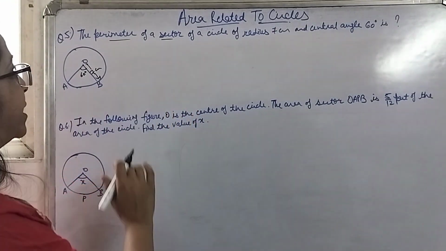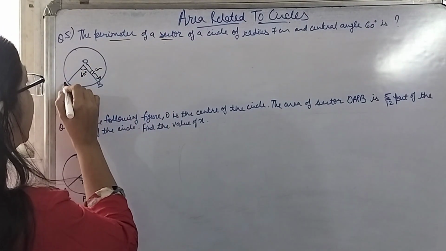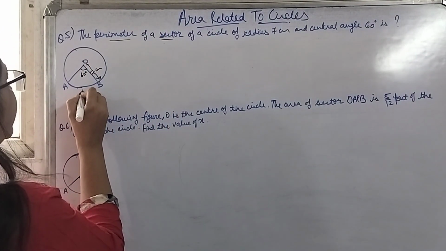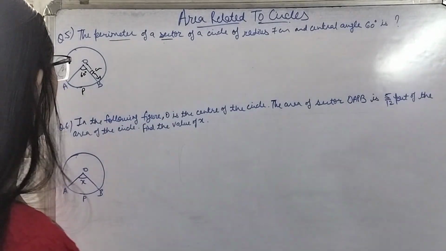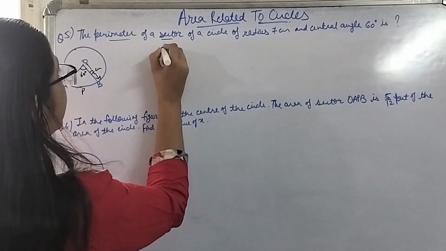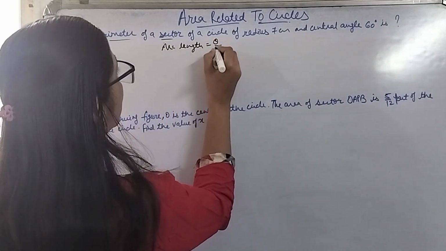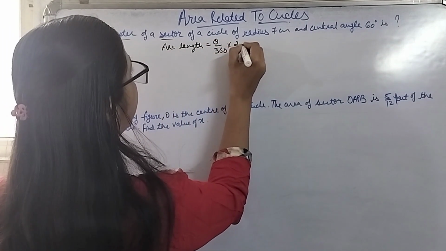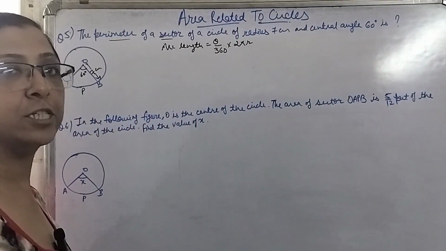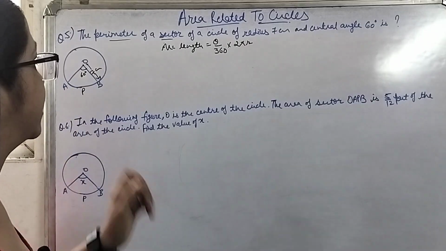Now the perimeter of the sector, first of all we have to find the arc length. Suppose over here I am taking a point P. So arc length APB we need to find first. Arc length is given by the formula theta over 360 multiplied by 2 pi r. Over here the value of theta is given as 60 degrees.